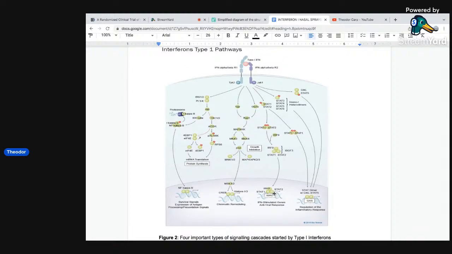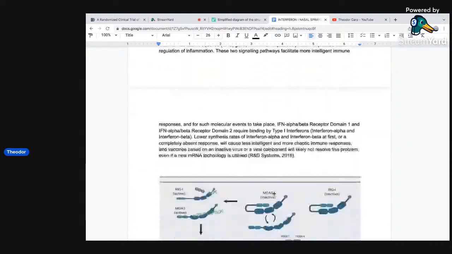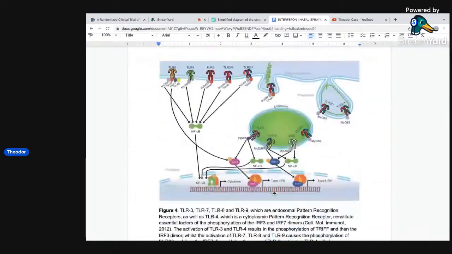Next one, I'm going to basically describe the three scenarios with interferon 1. Just bear with me for a second.